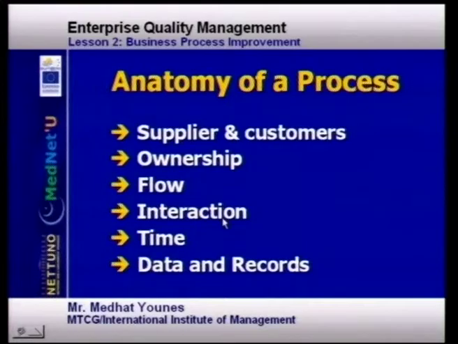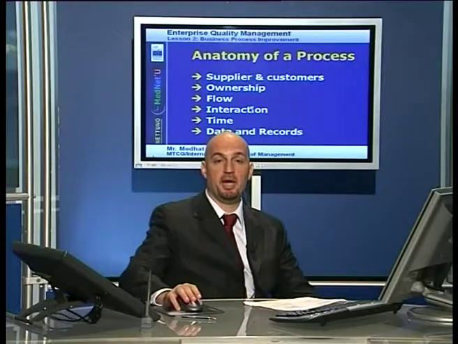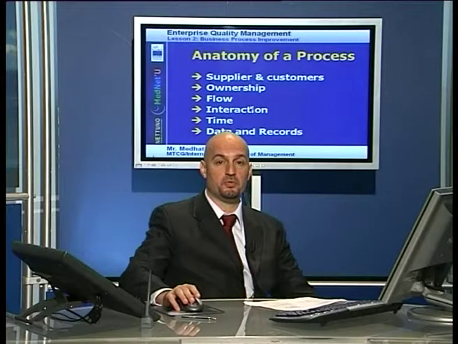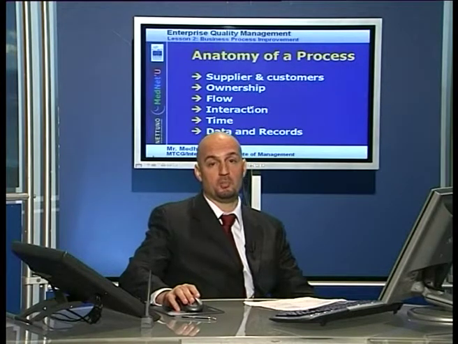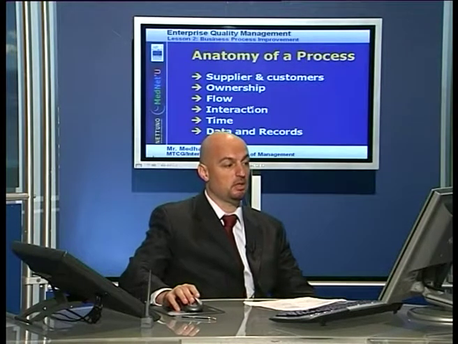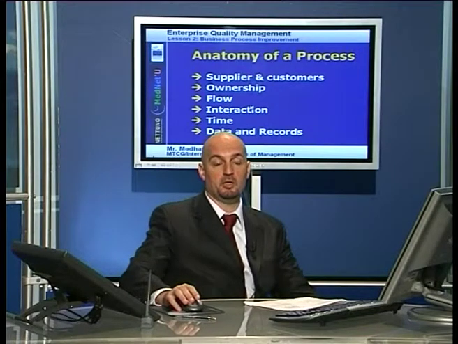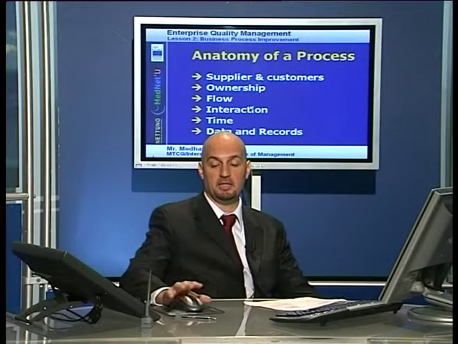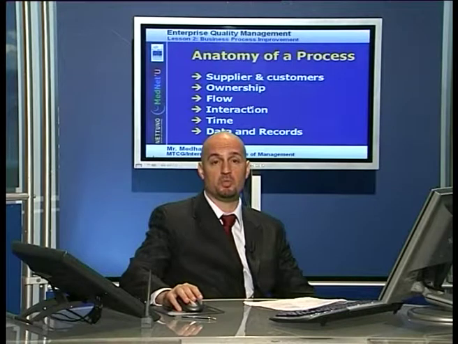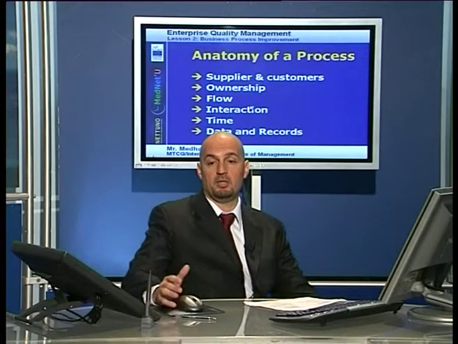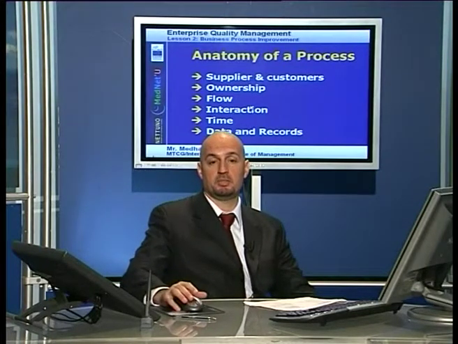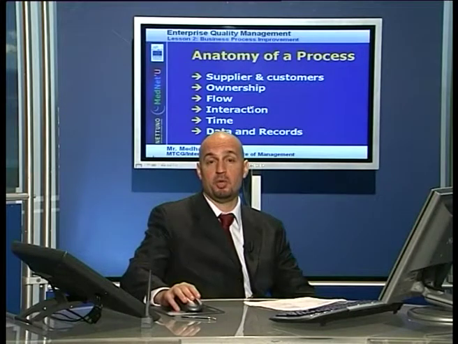Interaction. The ninth question is, does this process interact with other departments or other processes? For example, you might have a legal risk management process within the legal department, and you might have the marketing department with their own advertising process.